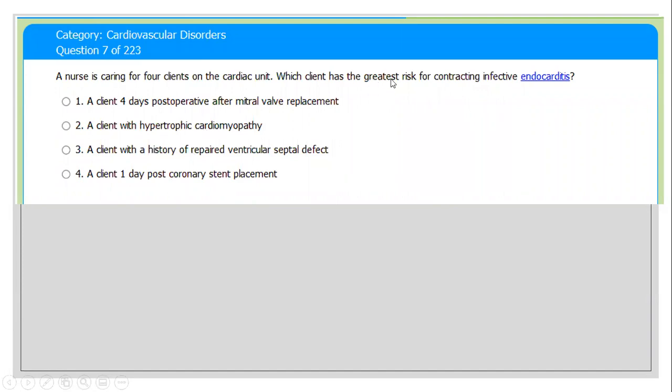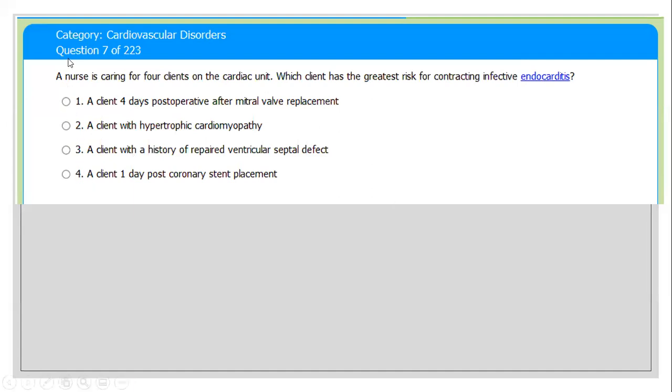So the greatest risk of contracting infective endocarditis. Read the keyword and you can get some ideas. Endocarditis is an infection, infective. It is inflammation of the inner layer of the heart, the inner layer of the heart chambers and valves, and it usually occurs by bacterial infection, right?